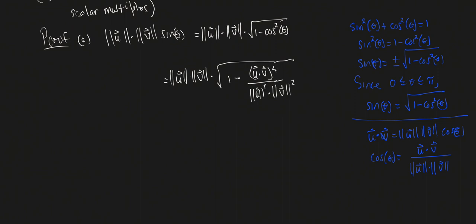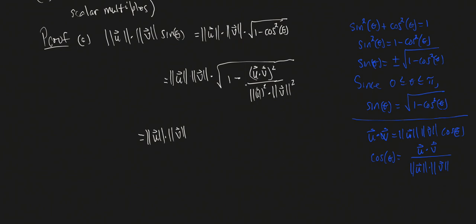Get everything under the square root. Again, it looks like things are becoming more complicated, and in a sense they are. But like I said, it's like we're taking the long scenic route to get to where we need to be. Now I have 1 minus this fraction.